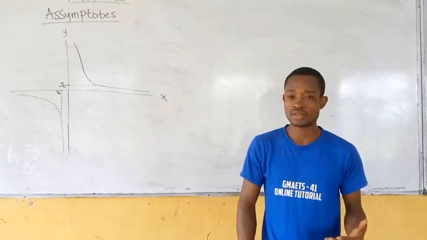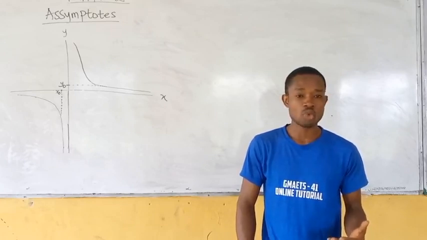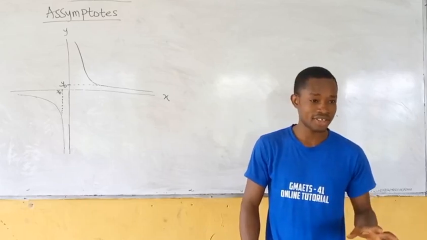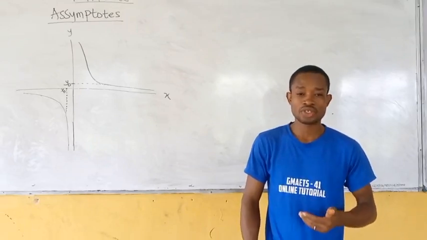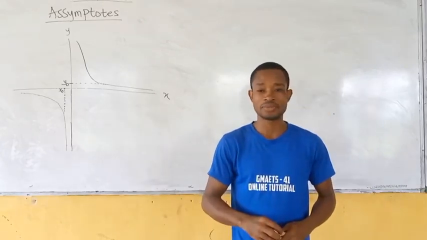Asymptotes are lines, curves, graphs, which become what? Parallel to a particular axis. Are you there? At some point when they approach that axis. Put full stop and continue.